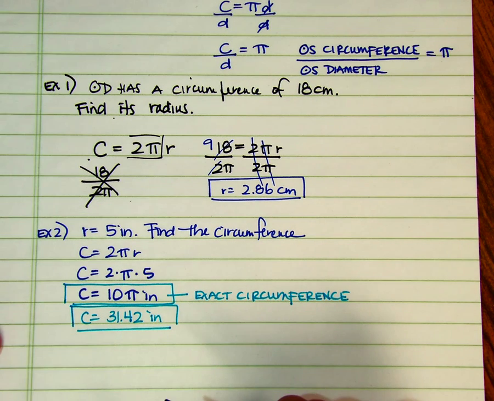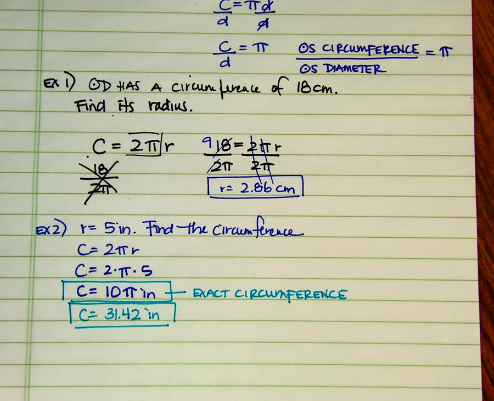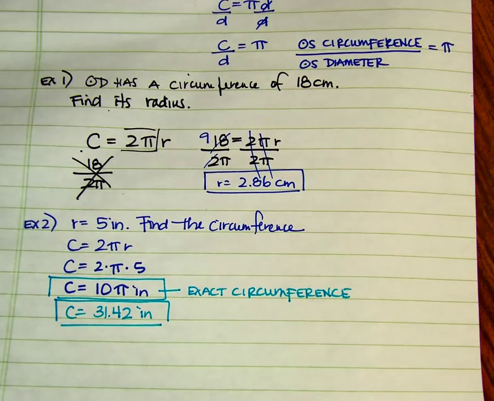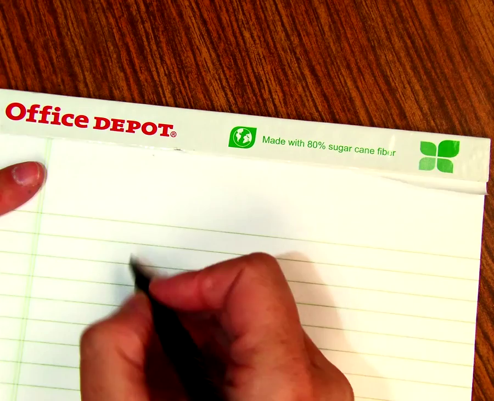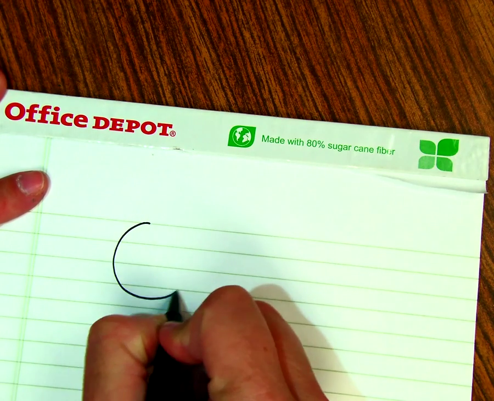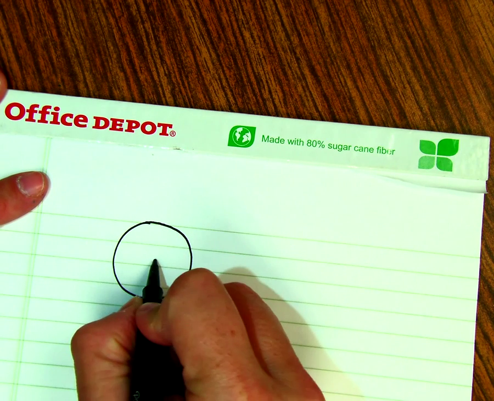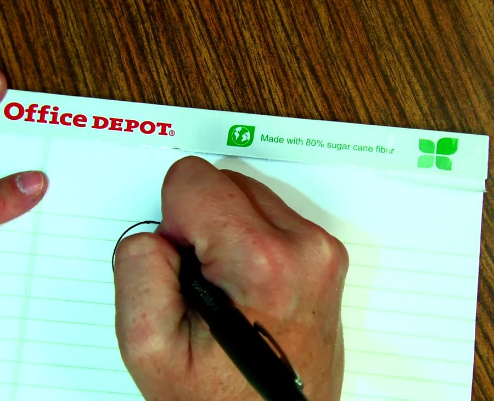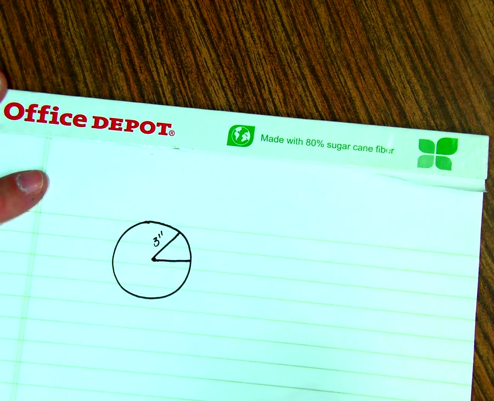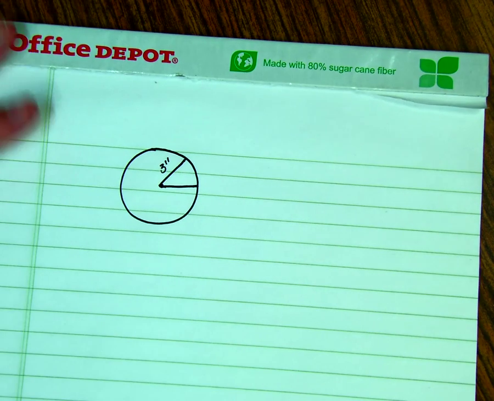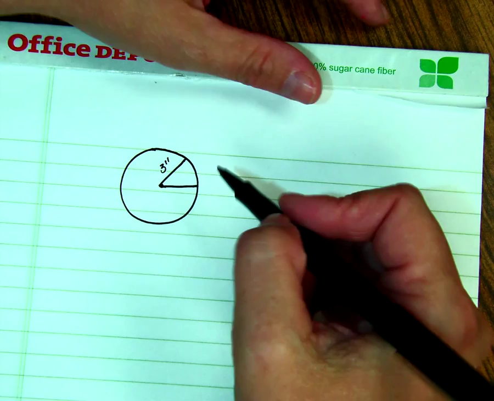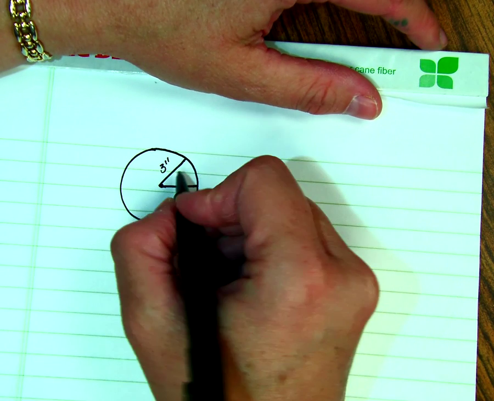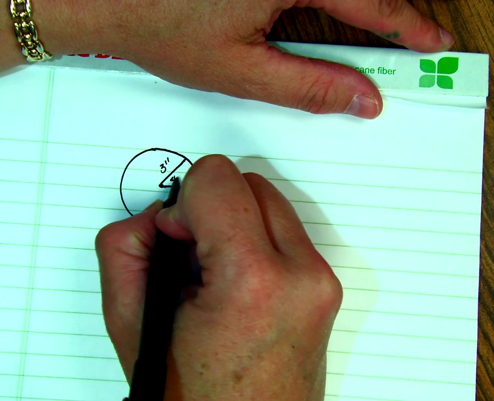Now we're going to talk about arc length and how it works with circumference. If I have a circle, and I tell you that the radius is 3 inches, and let's say that this is 40 degrees.